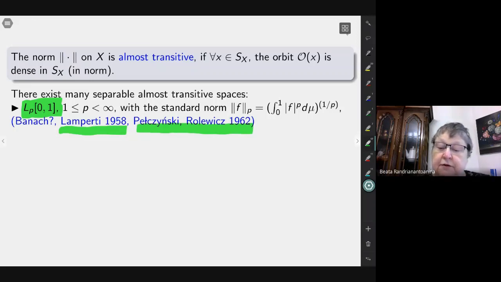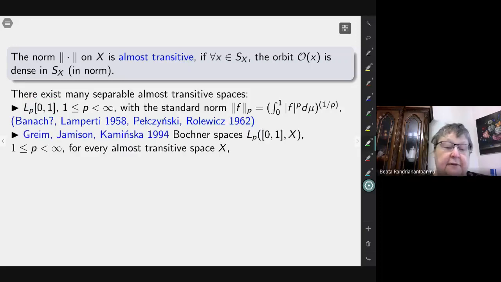So that was the first discovery about it. Then Graham, Jamison, and Kaminska in '94 proved that if you take any almost transitive space X, and take a Bochner space of vector-valued functions L_p[0,1] with range in X, then that remains almost transitive.